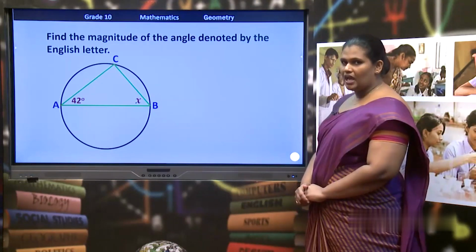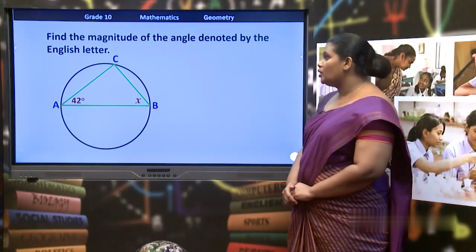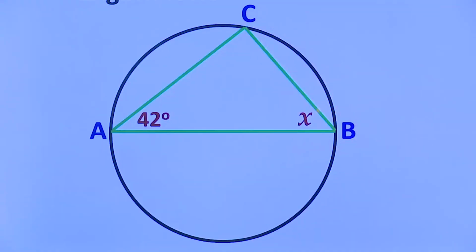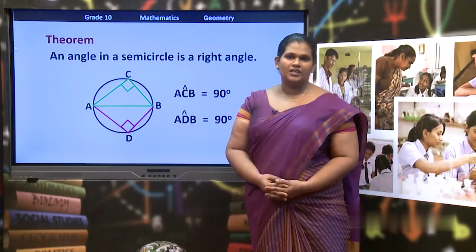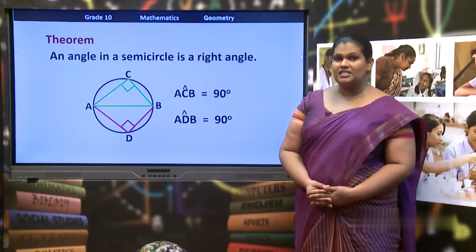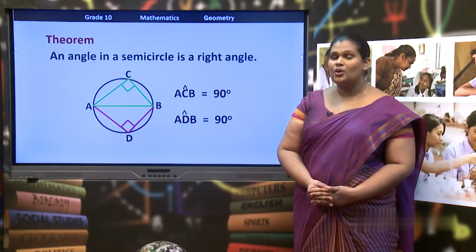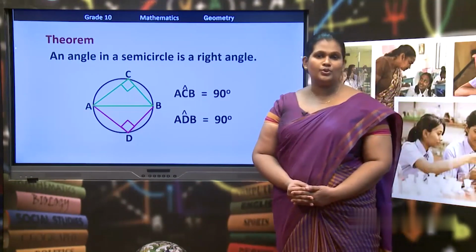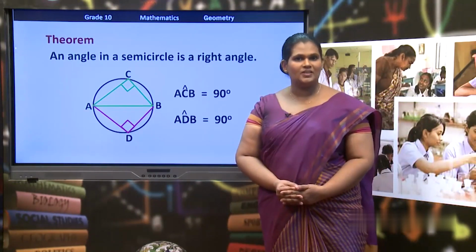According to the theorem we have learnt right now, we know that ACB is an angle subtended on the semicircle. Now, we know that the magnitude of the angle in a semicircle is equal to 90 degrees.